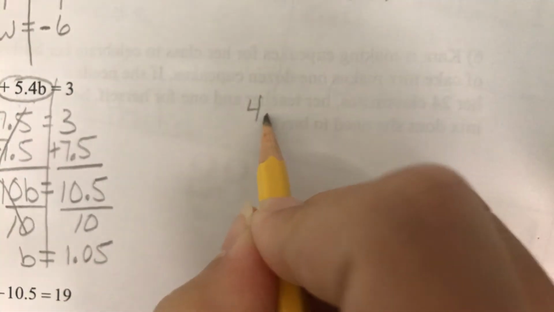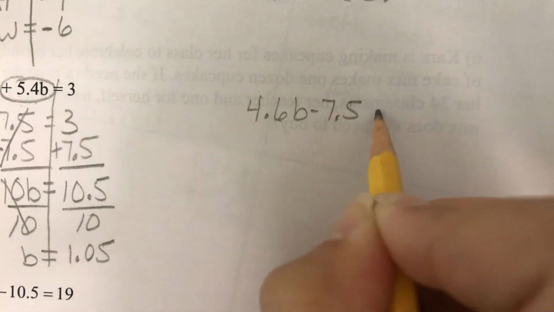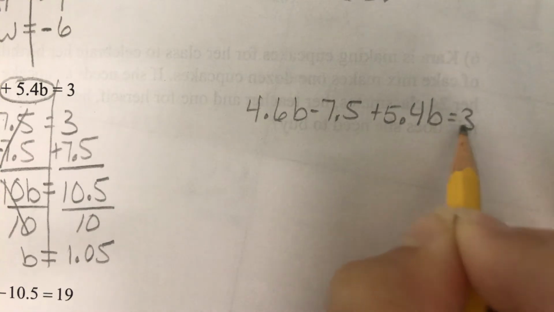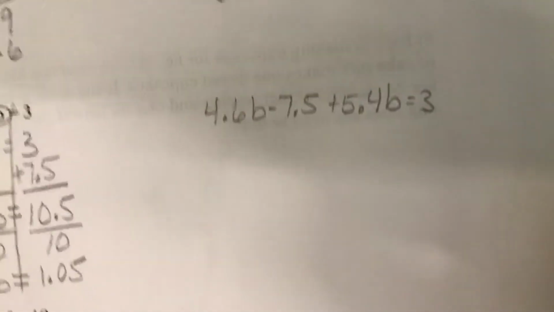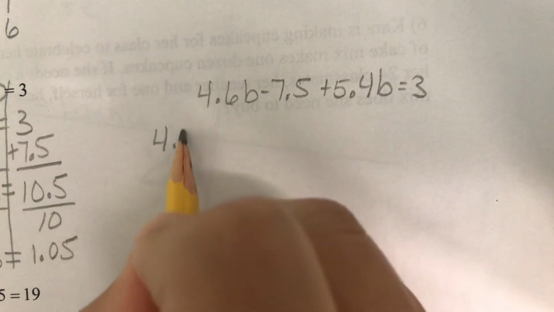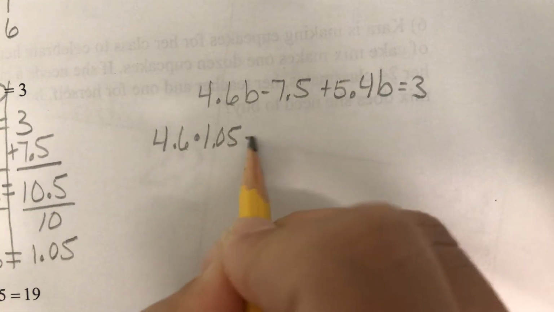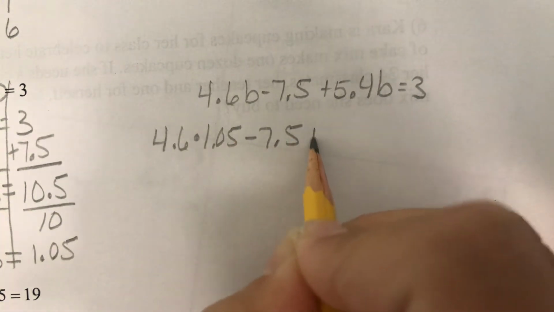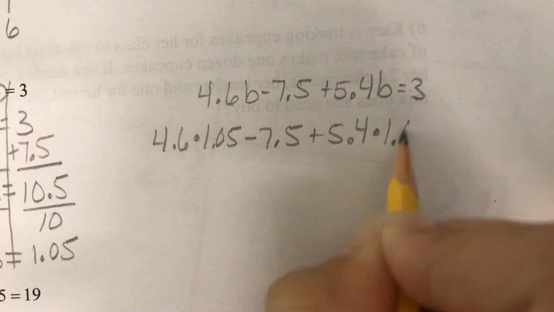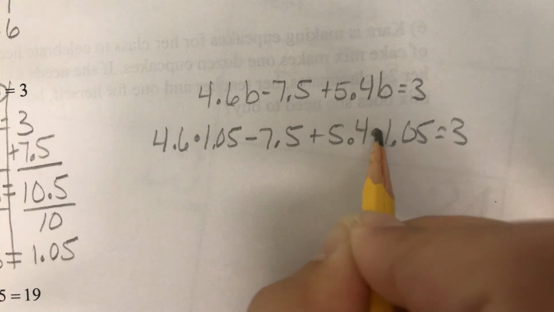Checking it, I'm going to rewrite. Anywhere I see a b, I'm going to give myself a little more room. I'm going to put in 1.05. Now careful that you're not getting decimals confused with multiplication signs.